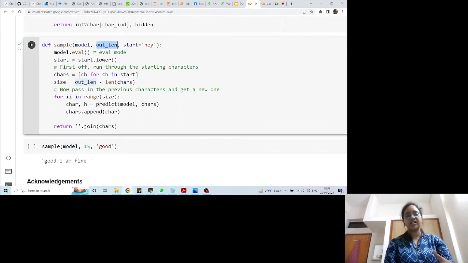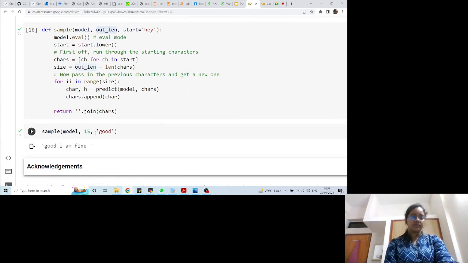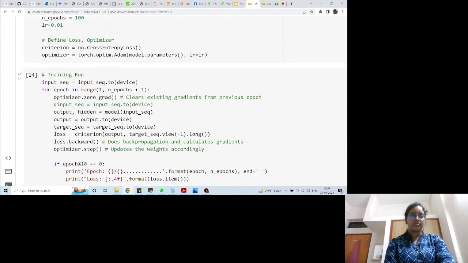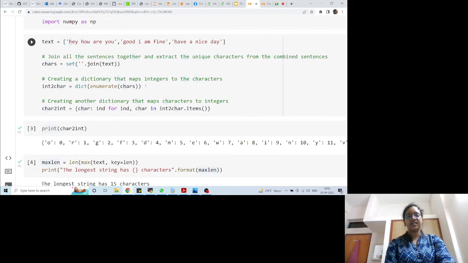They generate iteratively, character by character, until this output length is exhausted. When you give a line like "good", it returns "good, I'm fine", which is like the sentence that we saw above.